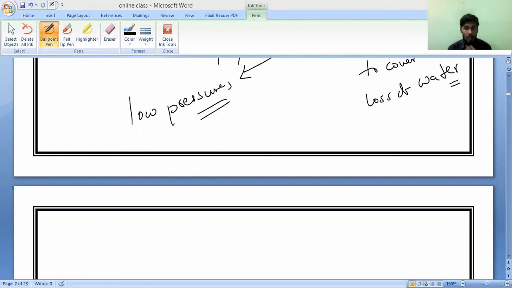So listen. The xylem vessels in the leaf will travel to the cells by osmosis to make up this loss of water, because in leaves by the process of transpiration, it has been creating what? Very low pressure. So xylem vessels have high pressure because of continuous loss of water by transpiration.